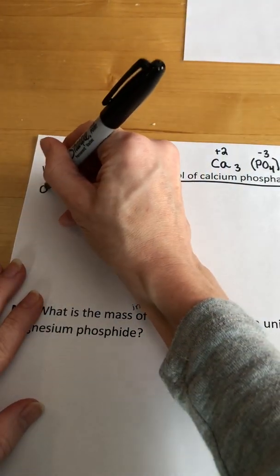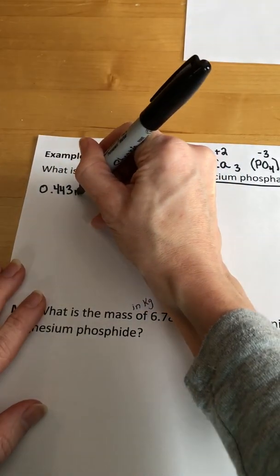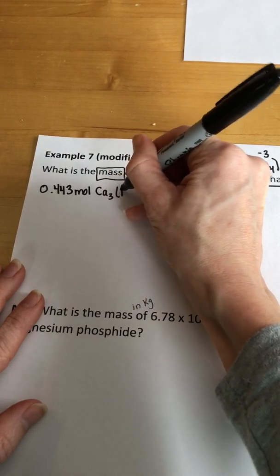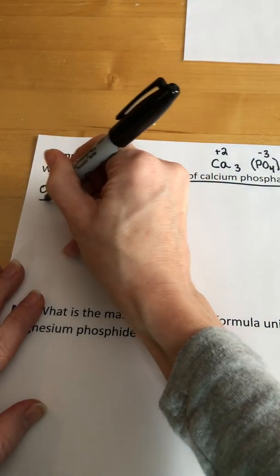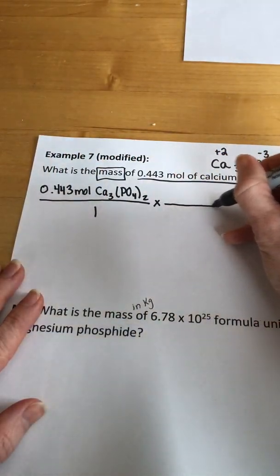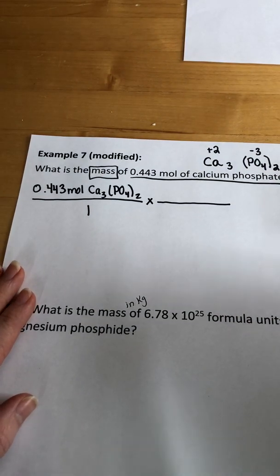I have 0.443 moles of the calcium phosphate, and I want to go from moles to grams. We established that can be done in one step.